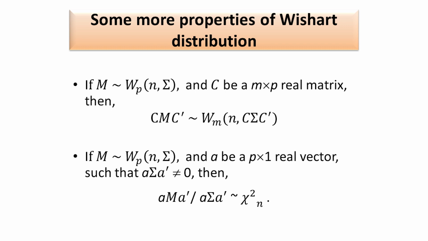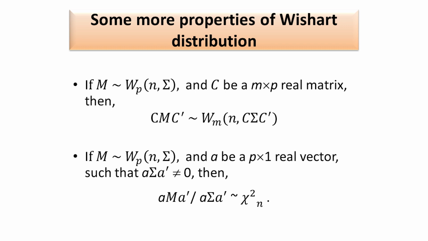In the particular case where m is equal to 1, C becomes a vector of order 1 into P. In that case, CMC prime has the distribution Wishart 1, and the scale matrix in this case is C sigma C prime, which is a scalar.